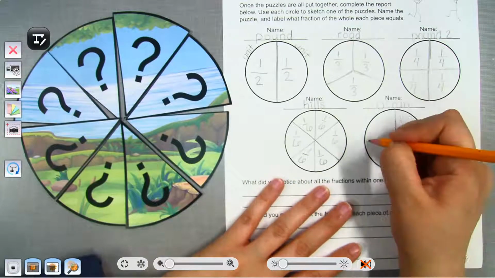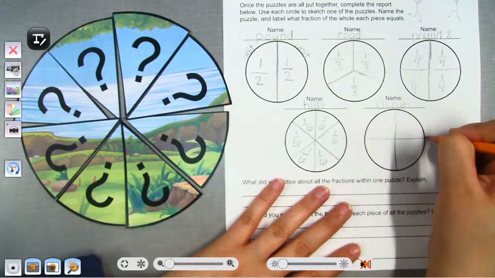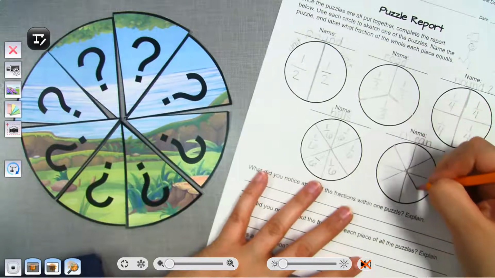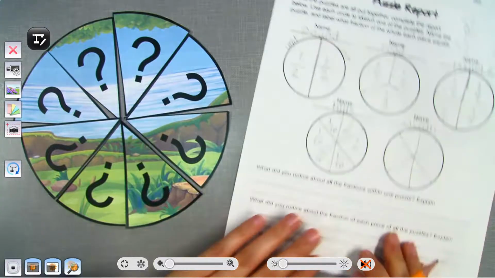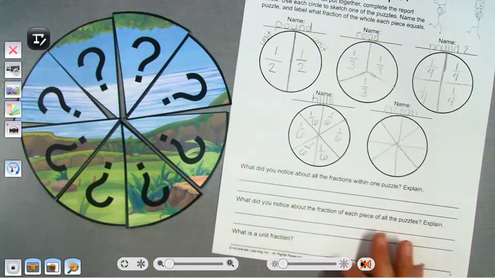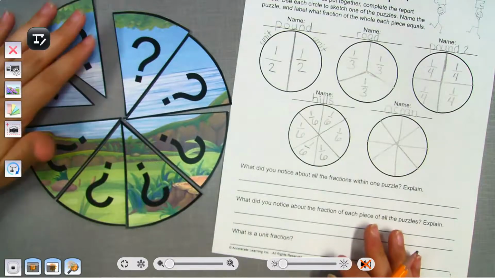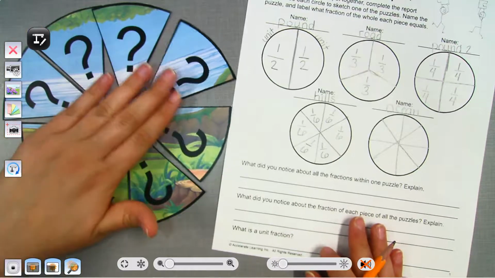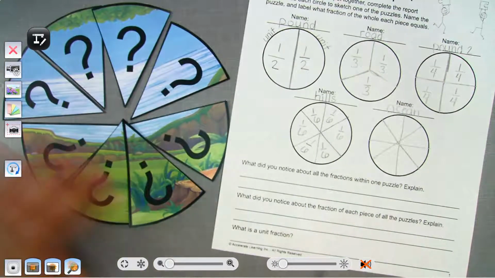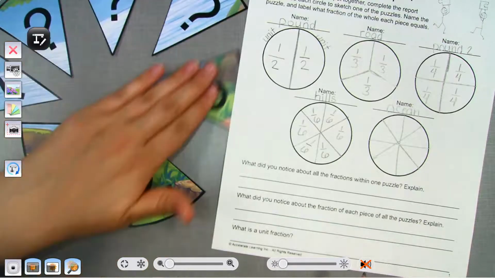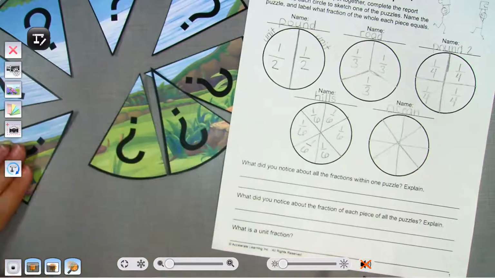Now if we have 8s, just divide it the best you can. If we have 8s, what is my fraction going to be called? 8s. I have 1, 2, 3, 4, 5, 6, 7, 8. So what are my pieces going to be called? 1/8, 1/8, 1/8, 1/8, 1/8, 1/8, 1/8, 1/8.